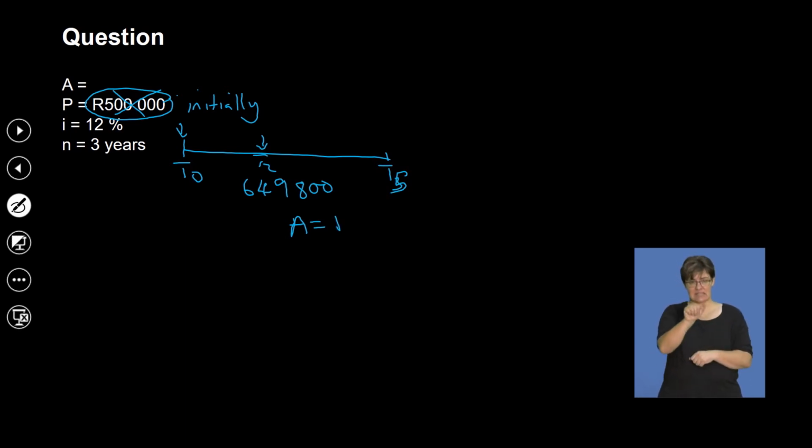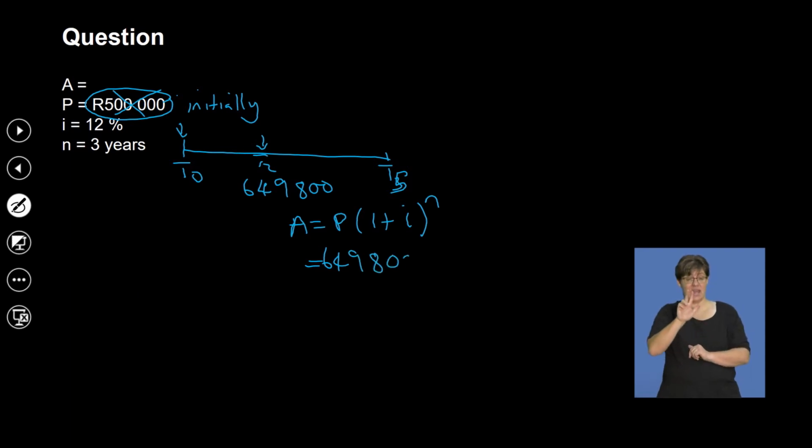So this will be P into 1 plus i to the exponent of n. So this is 649,800 into 1 plus the interest now went down to 12%, and this was for 3 years.